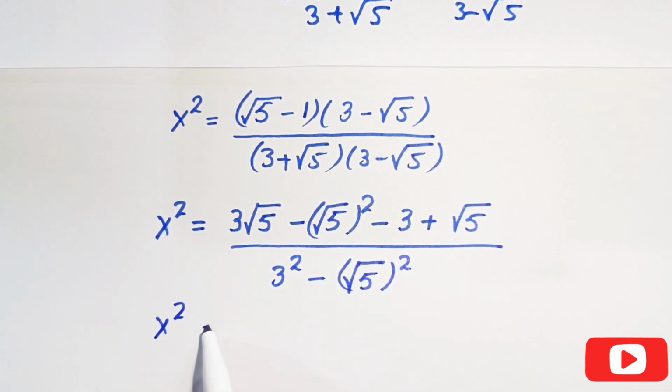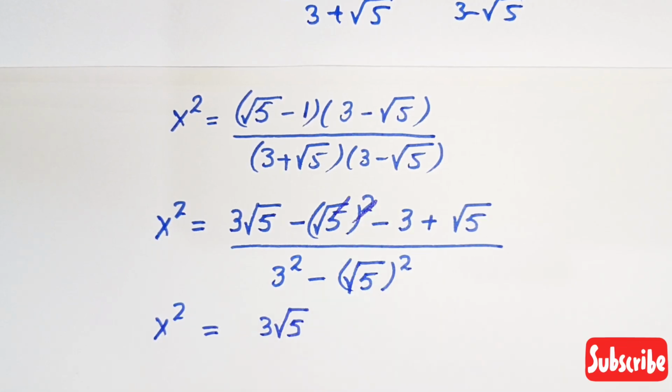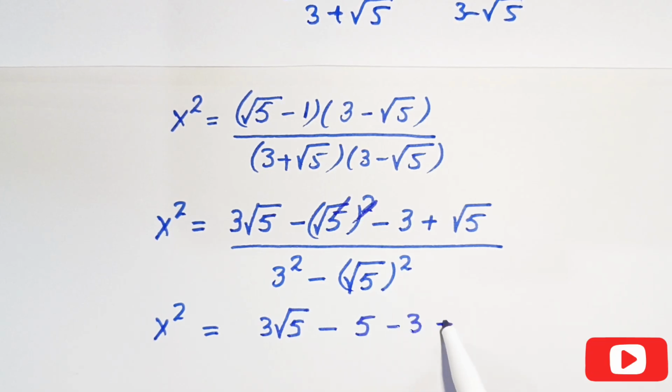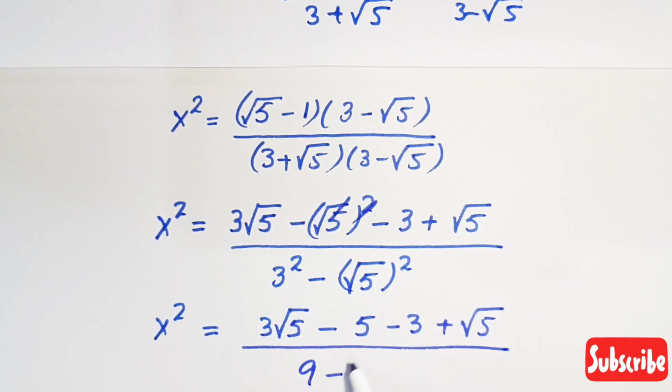So x squared is equal to 3 times square root of 5, and cancelling square with square root, we get minus 5, and minus 3 plus square root of 5, all over 3 squared is 9, and minus, cancelling this one, we get 5.